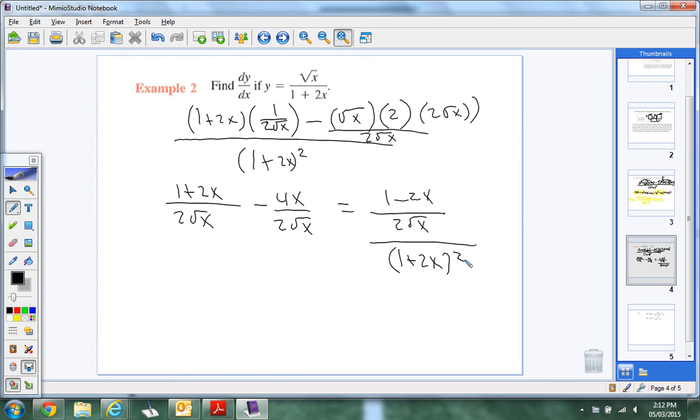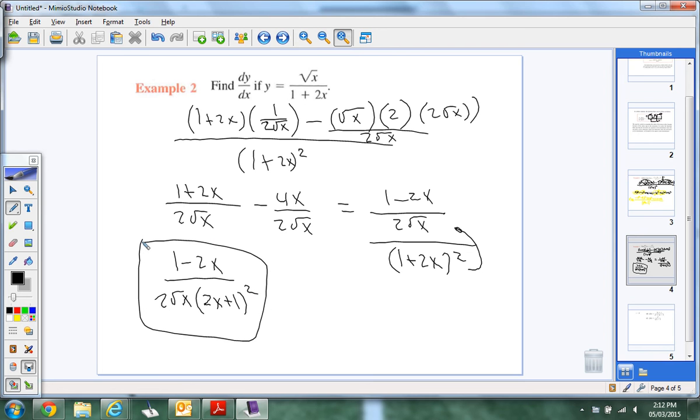All I'm asking is what goes where when I want to make this one fraction. The bottom just goes to the bottom right here. So your final answer, I just switched it on accident, not on purpose. That's the derivative.